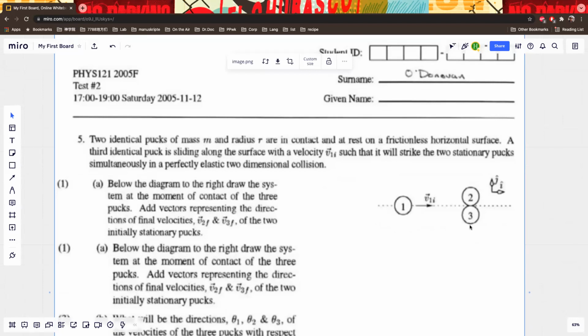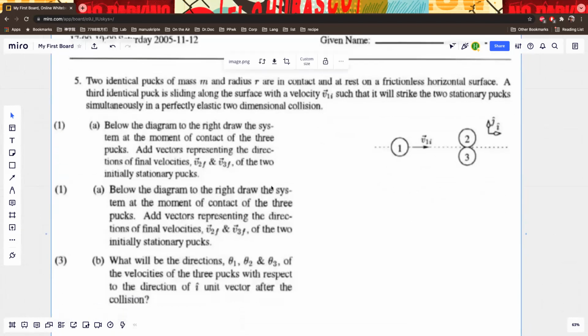So 2-dimensional meaning there's going to be momentum in the up and down direction and the left and right direction. Below the diagram to the right, it says to draw the system at the moment of contact of the 3 pucks. Add vectors representing the directions of final velocities v2, v3 of the 2 initially stationary pucks.